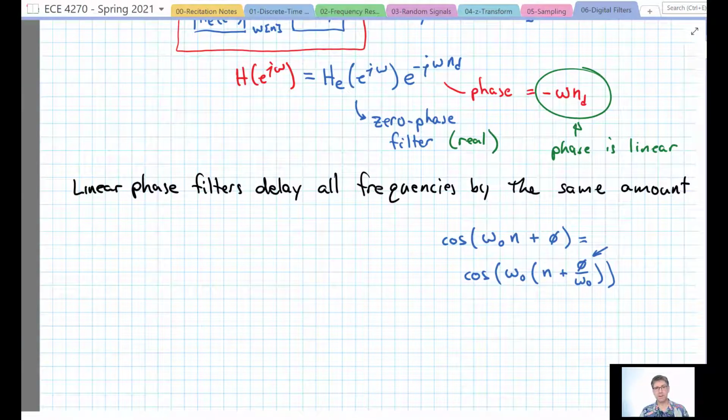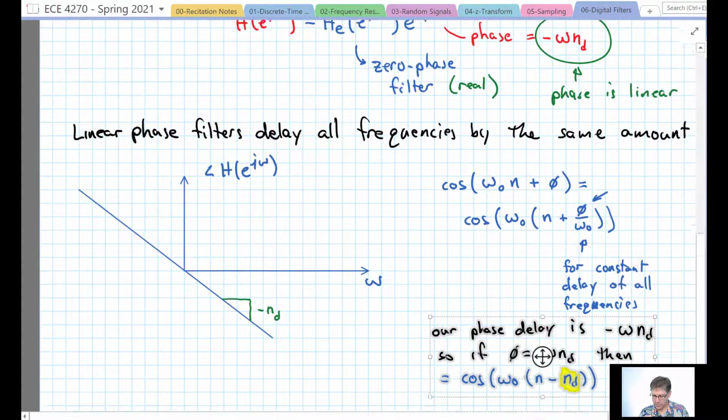To see how this works, let's assume we have a cosine, cosine of omega naught n, and we add a phase to that, phi. We could factor this cosine so that we have cosine of omega naught times n plus phi over omega naught. Same function. So phi over omega naught is going to be a constant delay for all frequencies, and this is why.